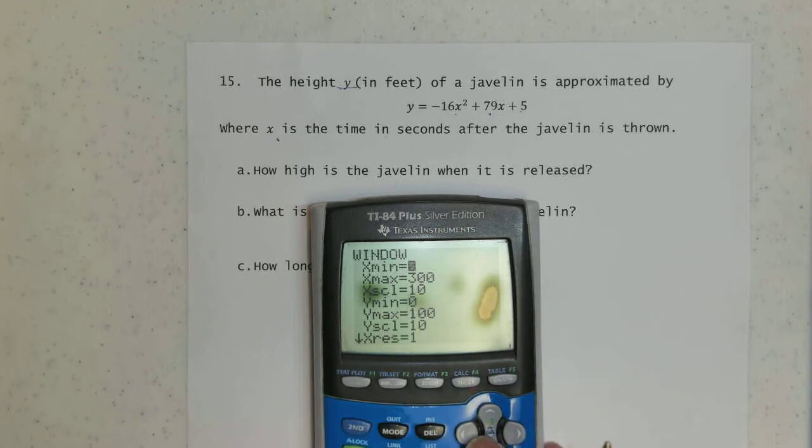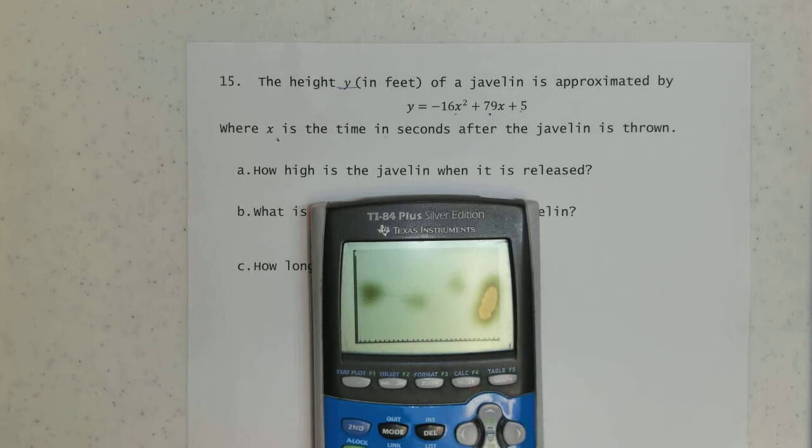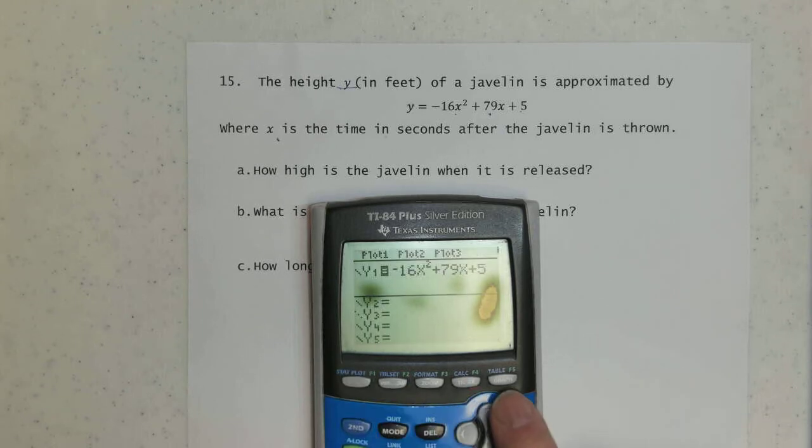Zero to 300. y equals negative 16x squared plus 79x plus 5. Alright. I'm not quite understanding. Let me look at this one more time. What's going on here? Let me look at the table here.